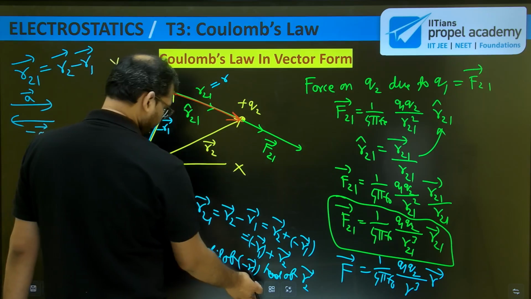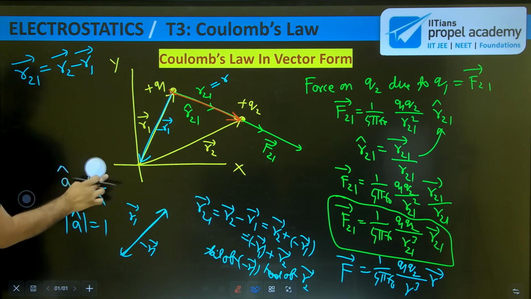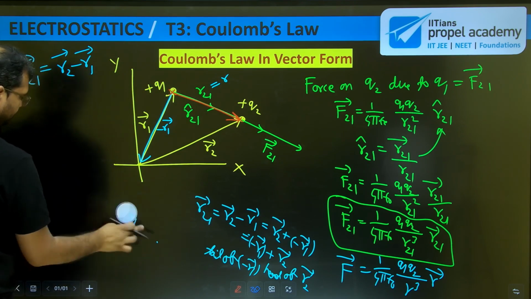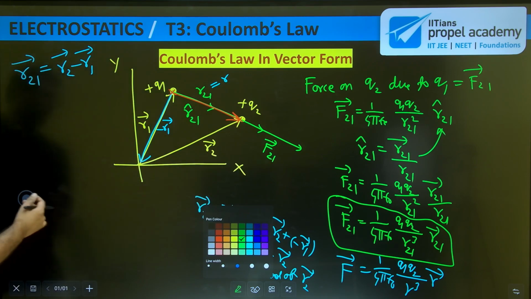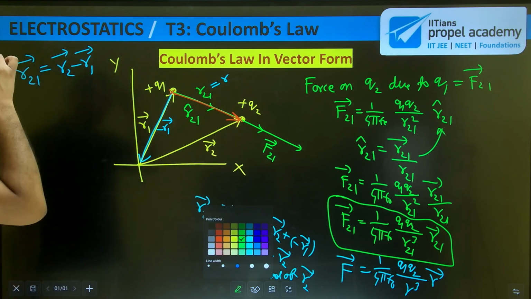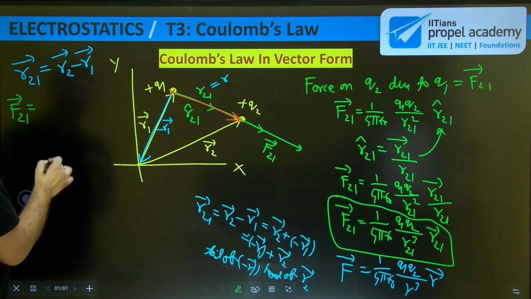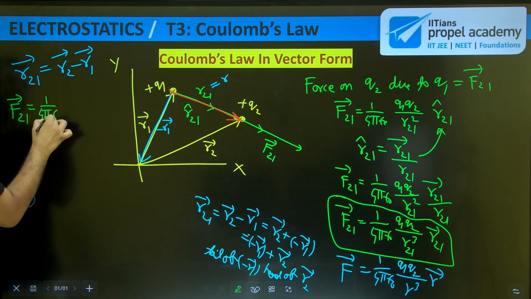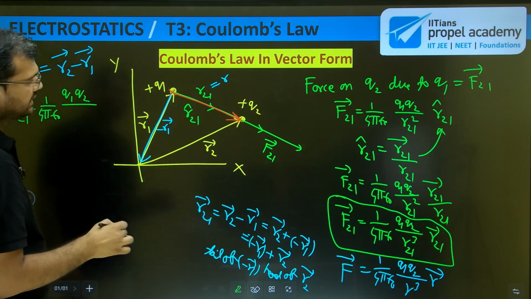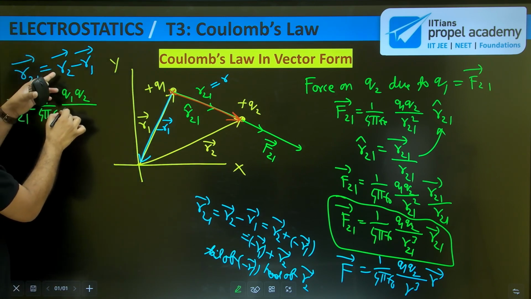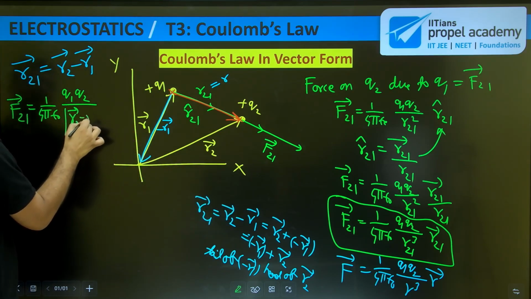So in terms of vectors, I can write a formula like this now. F21 bar equals 1 by 4 pi epsilon naught Q1 Q2 by, as I said, R21 bar is this one and I want the magnitude only, which means the magnitude of R2 bar minus R1 bar.